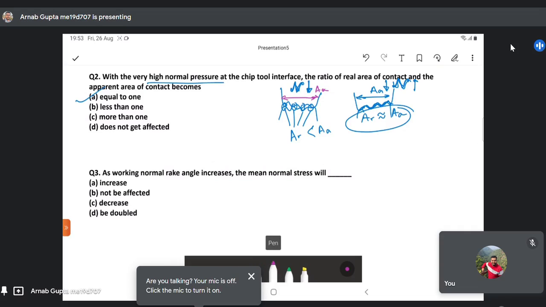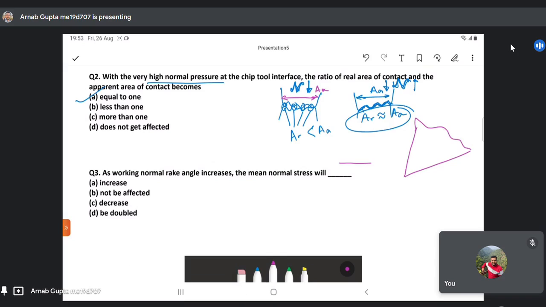Because if we relate it to machining, during say a turning operation, you have a tool which is interfacing with the workpiece at a particular depth of cut, and in this zone a severe plastic deformation is happening, and as a result of which this material is getting separated and it is flowing on the tool in the form of a chip.